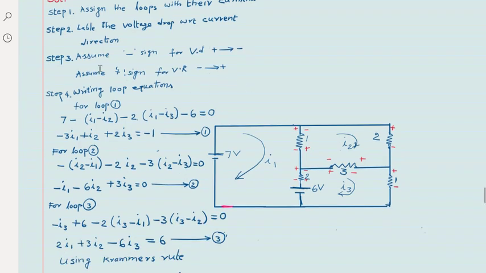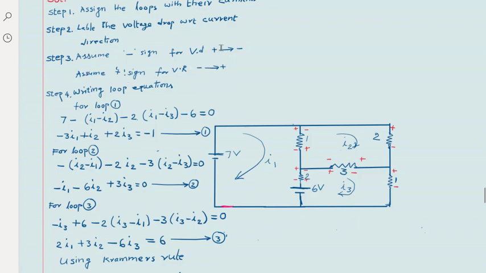Look at this, we have to remember one thing. There are two terms that we often find while writing the equations. If we get negative polarity first across an element in the assumed current direction, then positive polarity, we call that a voltage rise, and that element gets the positive sign.